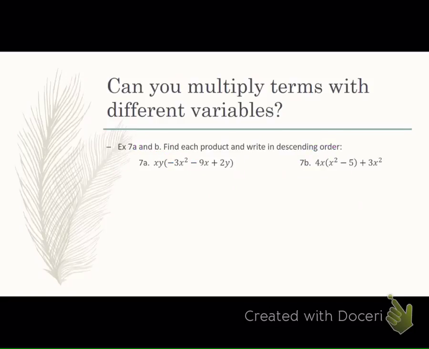Okay, can you multiply terms with different variables? Is that allowed? Yeah. Can you add terms with different variables? No. So you can multiply terms with different variables, but you cannot add them. That's kind of like when we did radicals. Do you remember with radicals, we couldn't add them, but we could multiply them, right?